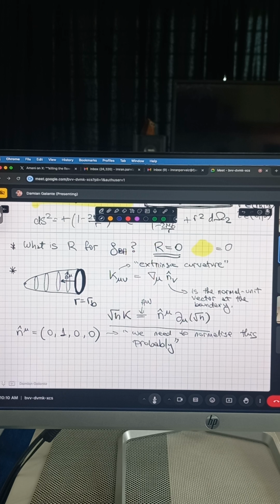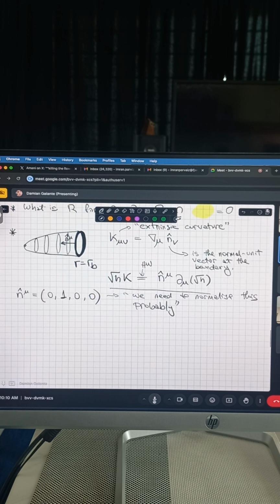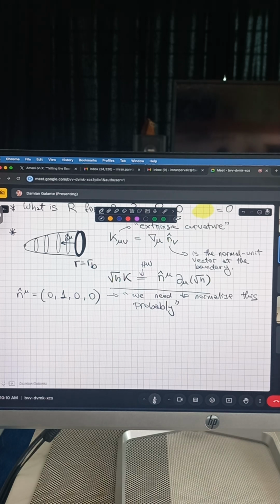So for a Schwarzschild black hole, will the derivative of this normal vector only be non-zero with respect to theta and phi, right? Like with respect to r and with respect to time, it should be 0. What are you asking? Is it zero, this thing, or what?